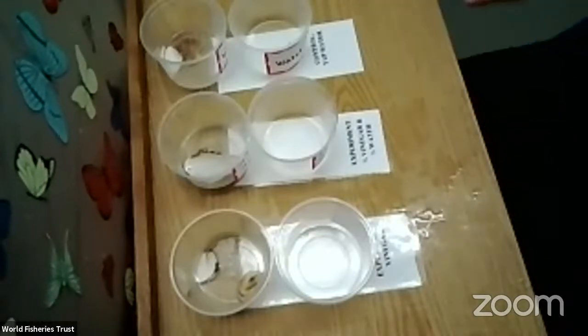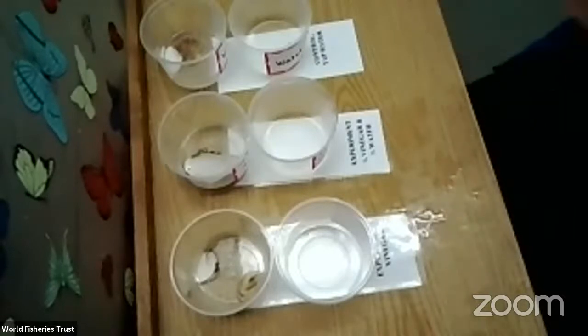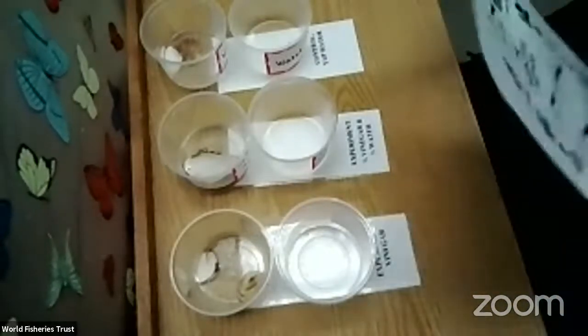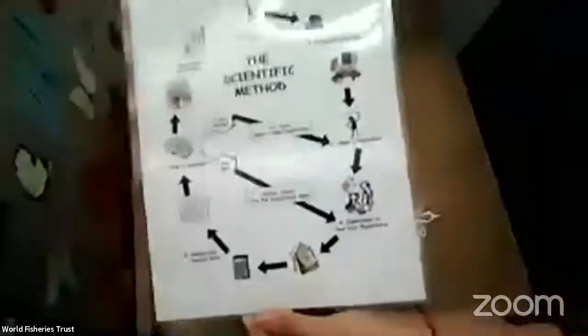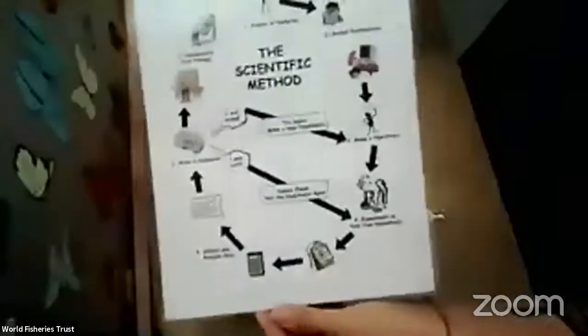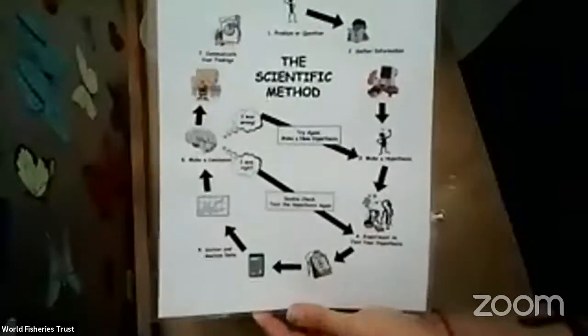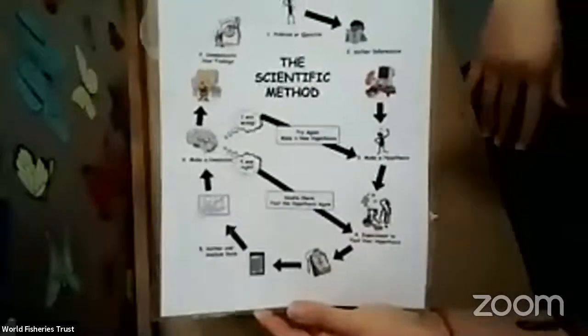So when scientists do an experiment, what they need to follow is this method called the scientific method. So I have a little diagram right here to show you guys. Here, let's see if it's gonna work for you. There we go.